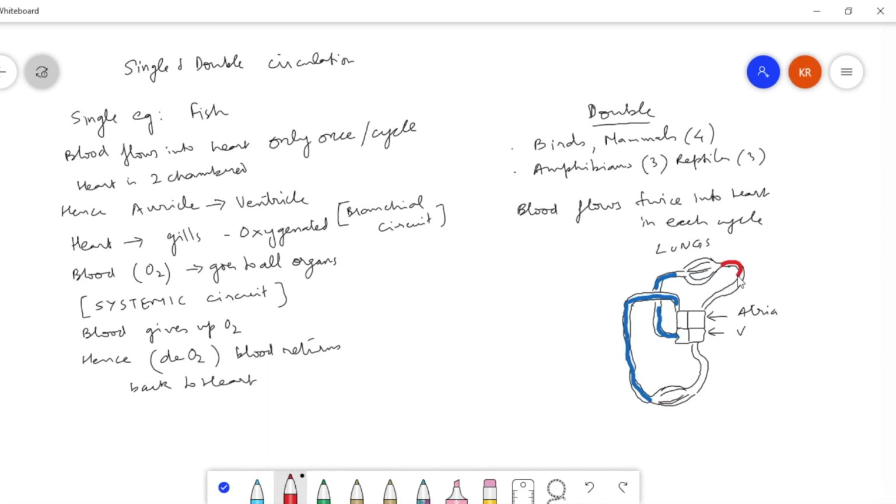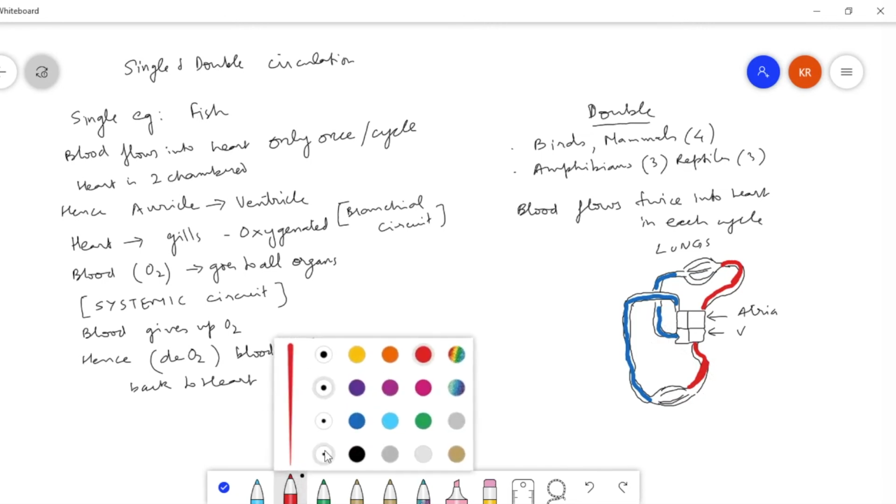From the lungs this blood is coming into the left atrium. From the left atrium it goes to the left ventricle, and from there it goes to different parts of the body, including the brain, the eyes, etc. All the parts of the body, and it will be oxygenated. So blue is deoxygenated, red is oxygenated.